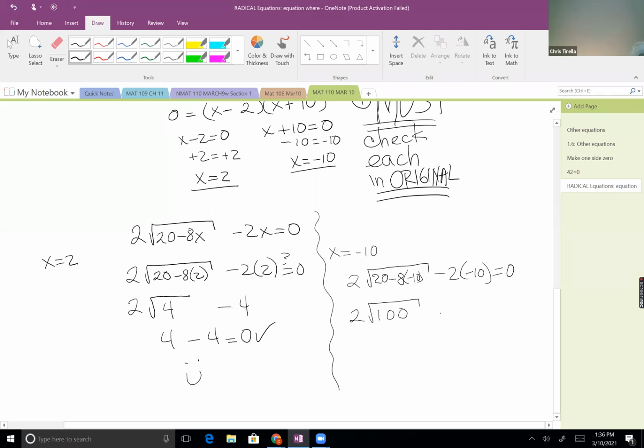Minus times minus is positive. 2 times 10 is 20. The square root of 100 is 10. And 20 plus 20 is not 0. And so we reject this solution. And that's one of those extraneous roots.